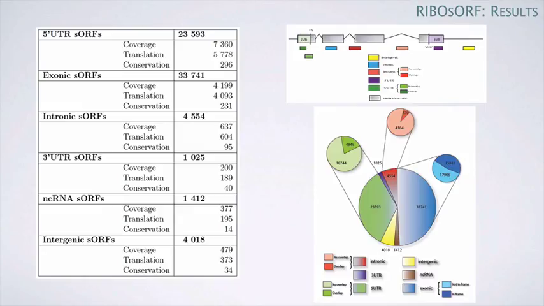And this is what comes out. What you can see clearly is, again, that these small open reading frames can reside in all regions: 5' UTRs, exonics, intronics, 3' UTR, non-coding regions, and intergenic. But then there's two things you can do.